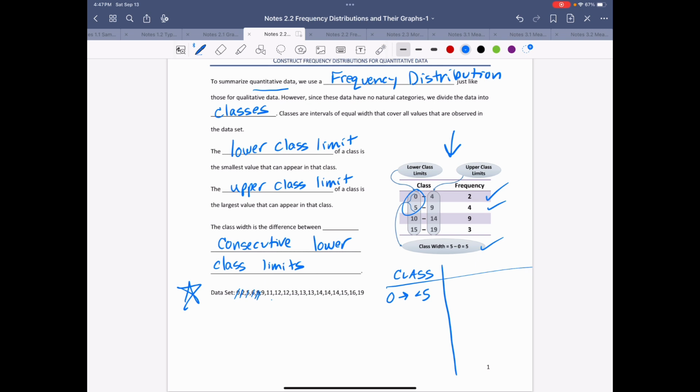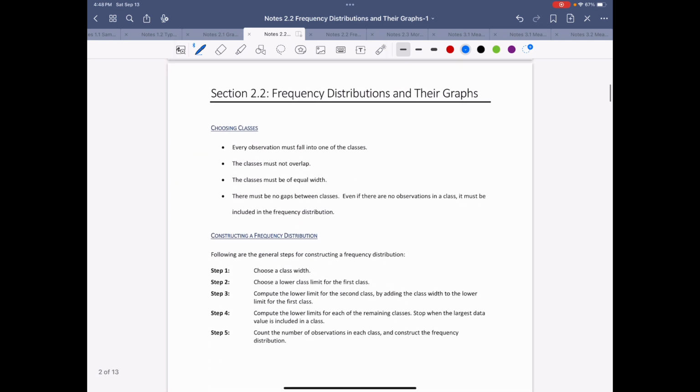This data is all integers, so that's the same thing. The next class, instead of 5 to 9, would be 5 to less than 10. The next class would be 10 to less than 15. And the last class would be 15, not less than 19, because that doesn't make sense. 15 to 19 or 15 to less than 20. And you'll see why that's important in a minute when we do our histograms.